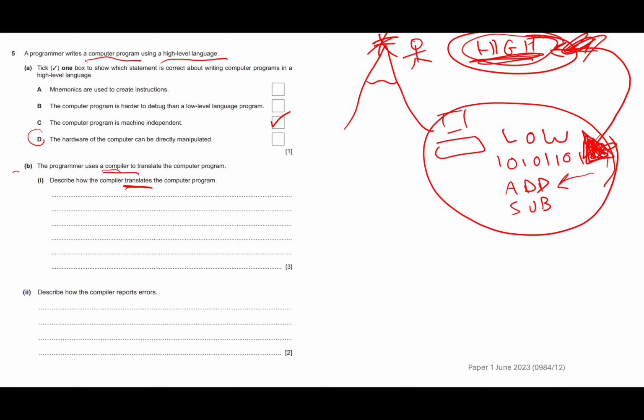So let's try and pick up some marks then for how a compiler works. A compiler converts all of the source code. Compilers convert all of the original program, which we also call source code, into, and generally the file that the compiler creates is called object code.